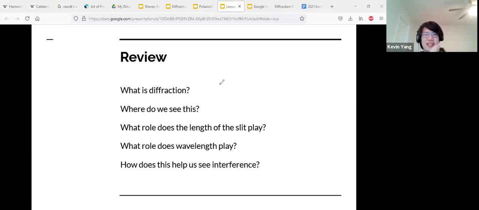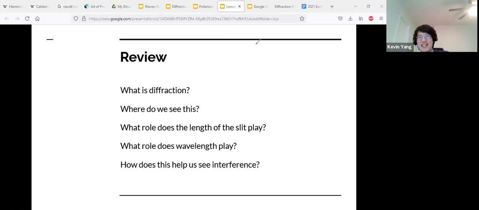So we know that interference exists because longer wavelengths are going to bend more, right? Because if we have light shining through, we know that interference is happening if we have red light all the way over here and blue light near the center. This can only happen because the wavelength is causing the red light to bend all the way over here and the blue light to bend a lot less.